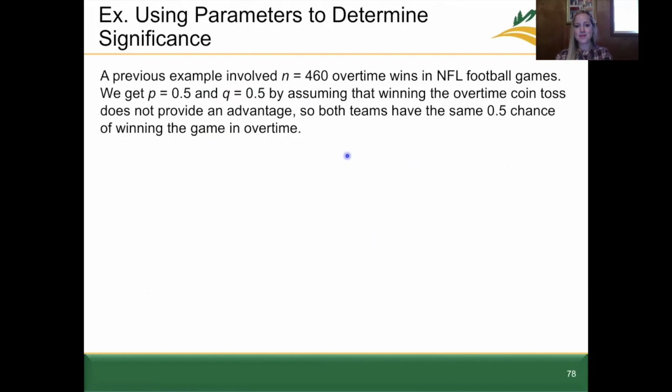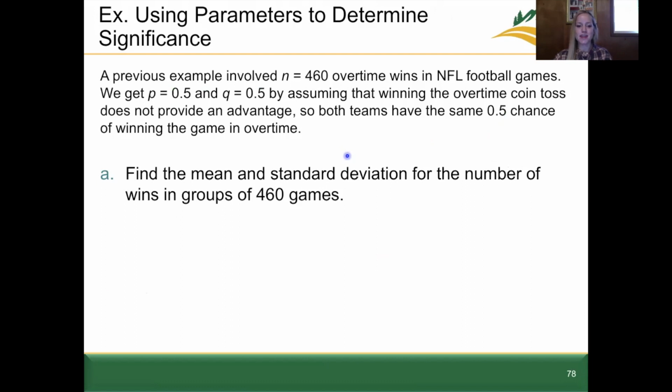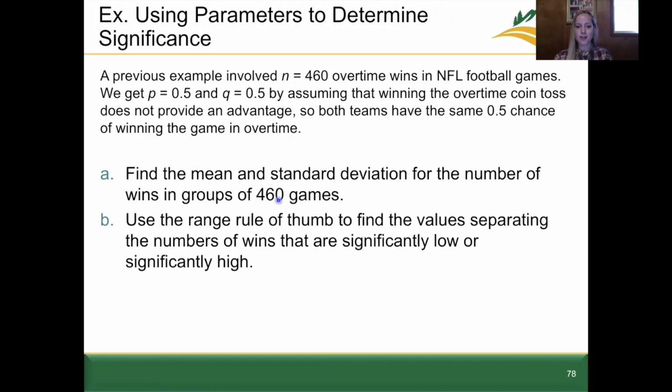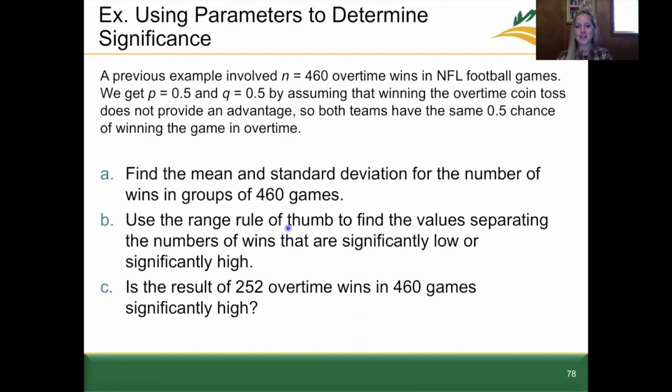So let's do this example again, and we're going to find the mean and the standard deviation for the number of wins out of 460 games. We're also then going to use that range rule of thumb we just looked at on the last slide to find the values separating the number of wins that are significantly low from those that are significantly high. Then we'll answer the same question again: is the result of 252 overtime wins in 460 games significantly high?